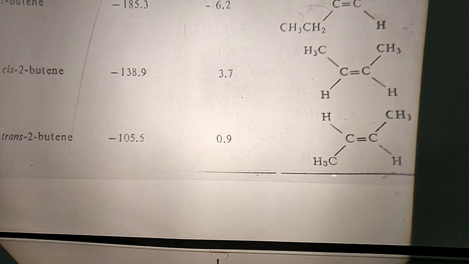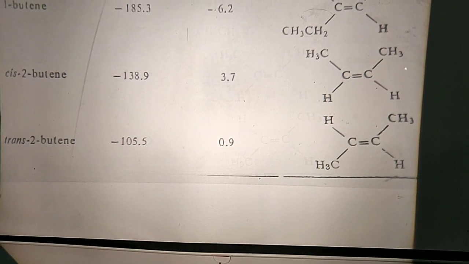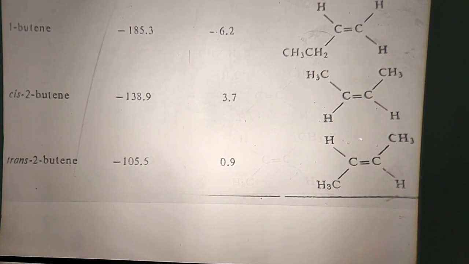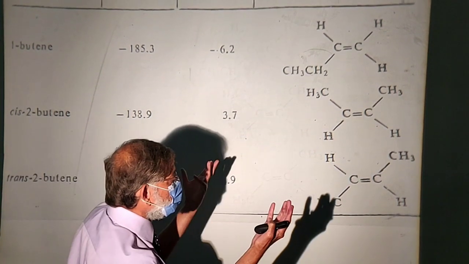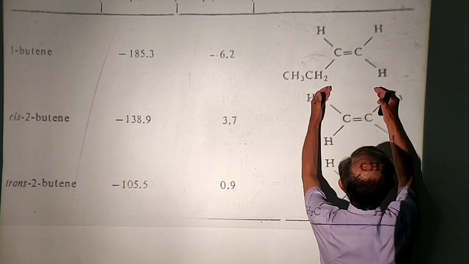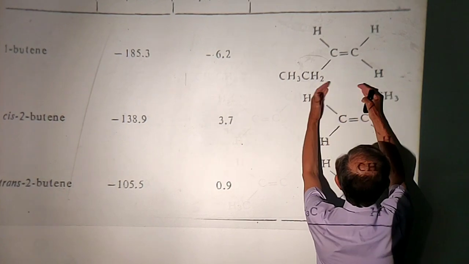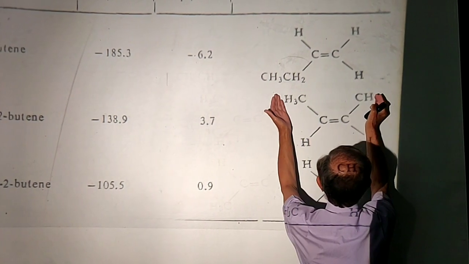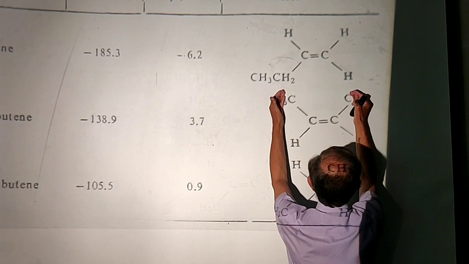Why this is more stable and why this is less stable? What could be the reason behind it? If you could be able to look into the structure, look at these CH3, they come like this. They keep on moving like this. Structure is not stable.